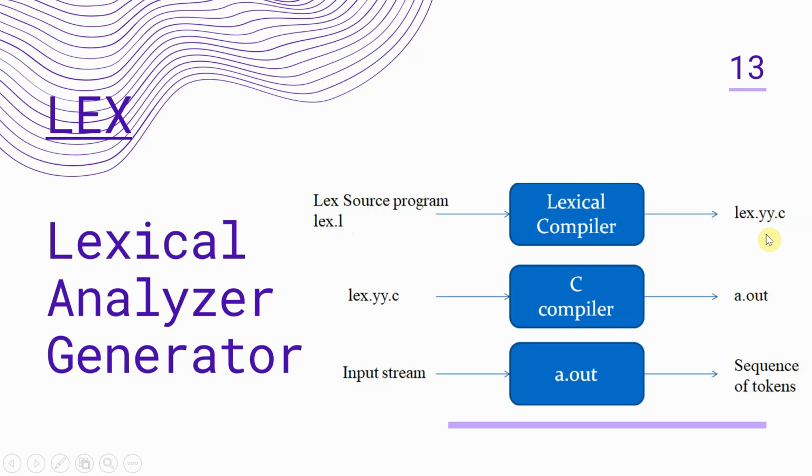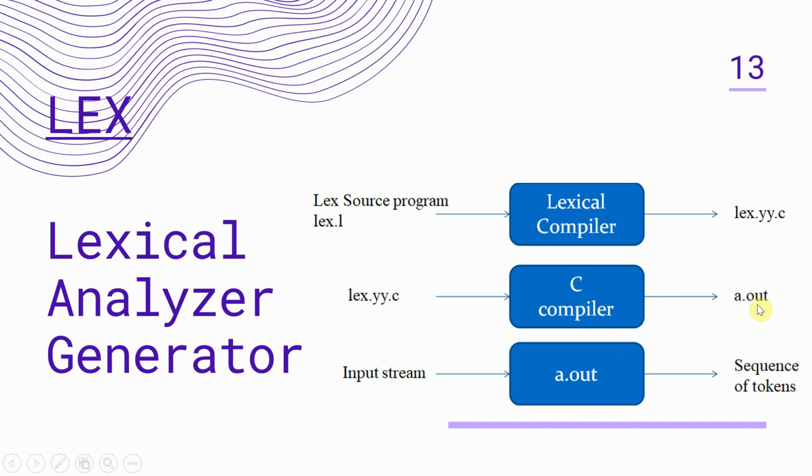By default, anytime you give a .l file to the Lex compiler, it will be the lex.yy.c file. Now this is a C program. Can I give this C program to a C compiler in order to generate output? Yes. So the next step is this .c file is given to a C compiler and we obtain the a.out file.